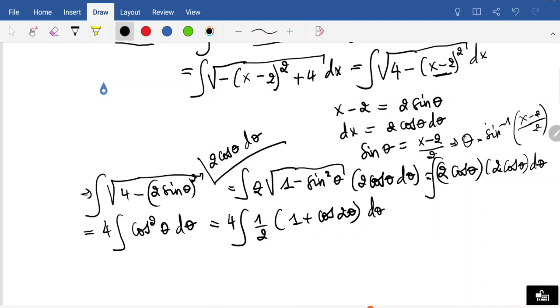And this is an easy integral that we can find, and this would give us 4 multiplied by half theta plus 1/4 sine 2 theta, which I think is, yes, if I'm not mistaken, that is that.